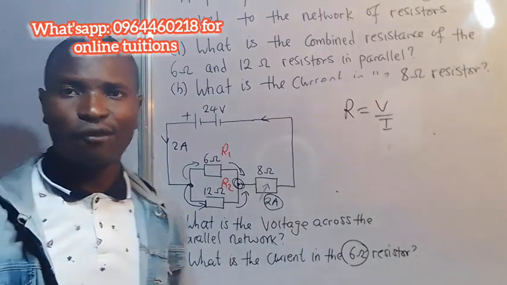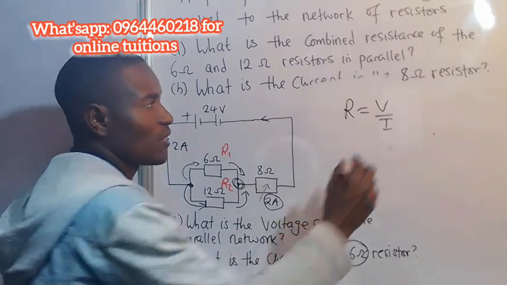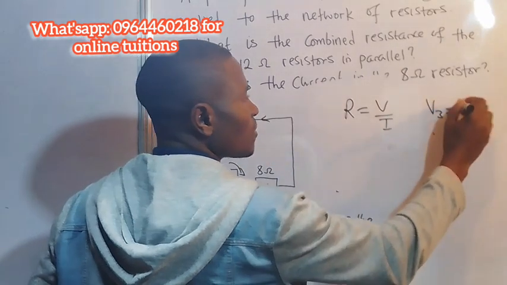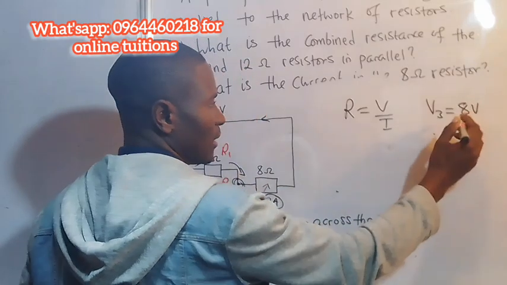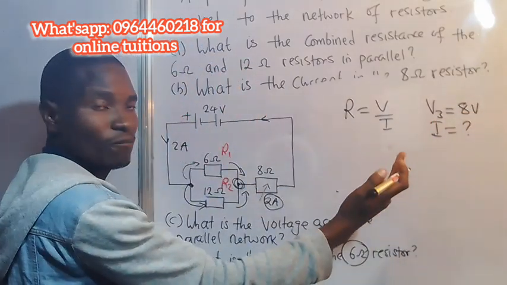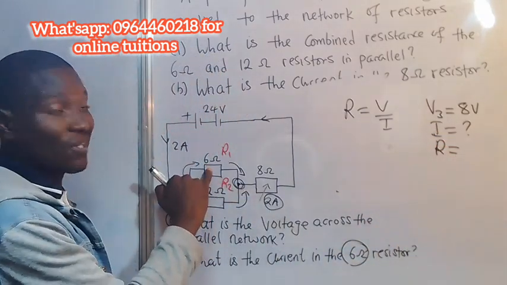I know that the voltage across the parallel network of these resistors is 8 volts, and I know that I'm looking for the current, and the resistor is the 6 ohm resistor.